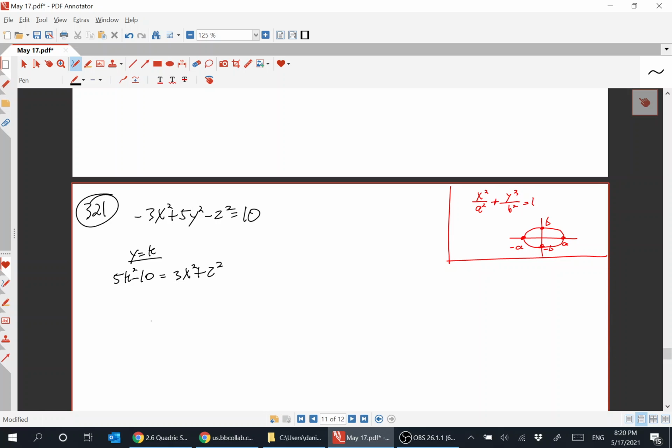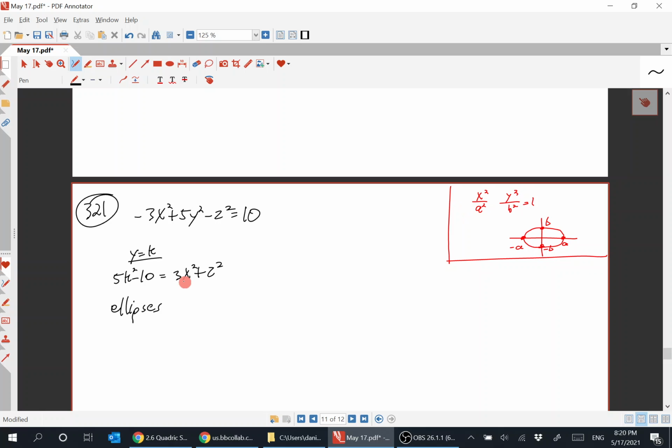Of course, this number over here needs to be positive, but that just depends on what k is. So I have ellipses. The point is that this is positive and that's positive: something times x squared plus something times z squared equals 1.